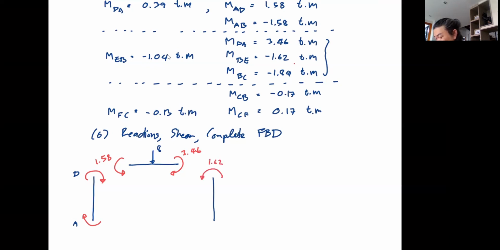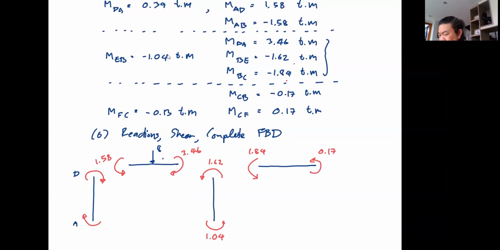And then EB, that's also negative, 1.04. Next one is BC. BC is negative here, so it's counterclockwise again, 1.84. Next one is CB. CB is also negative, so counterclockwise.